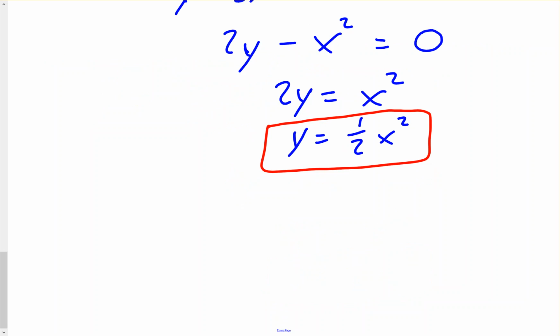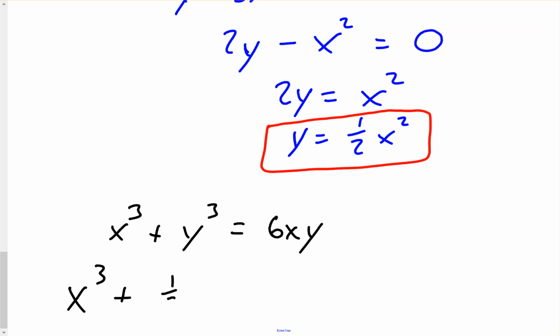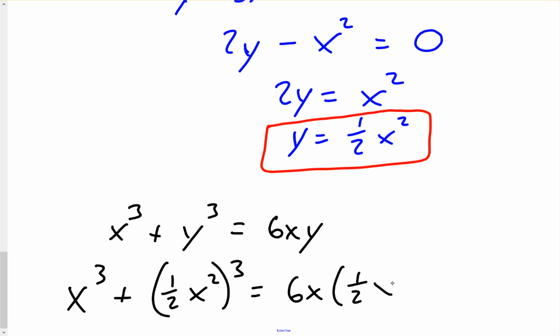Our equation was x cubed plus y cubed equals 6xy. And everywhere there's a y, we're going to plug in 1/2 x squared. So we have x cubed plus (1/2 x squared) cubed equals 6x times 1/2 x squared.